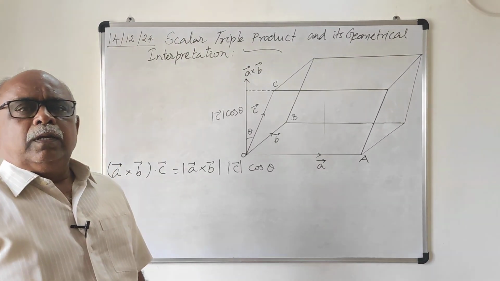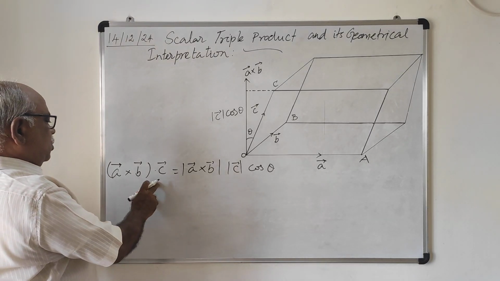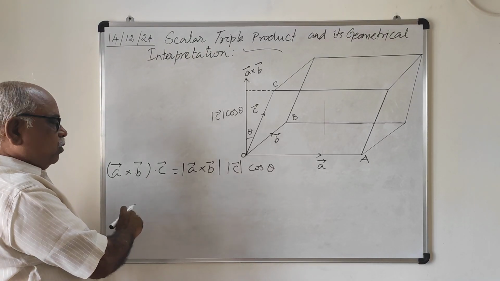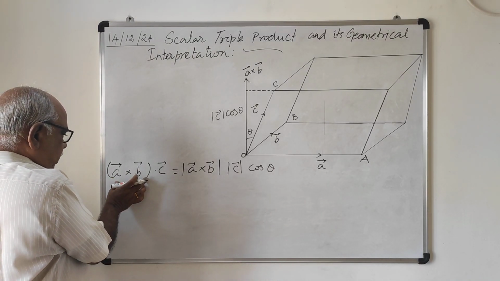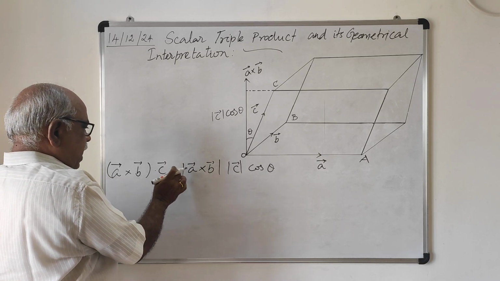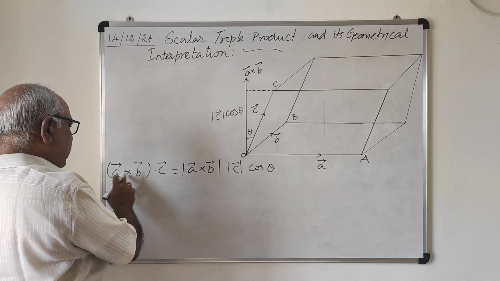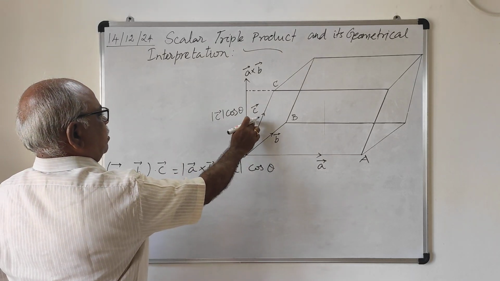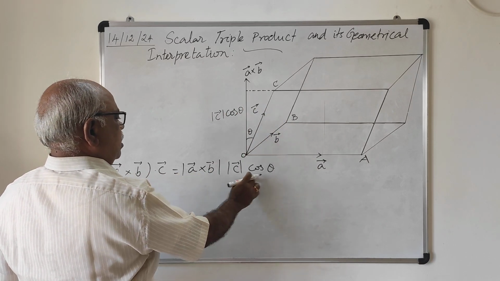See, by definition of dot product, A cross B dot C is modulus of A cross B into modulus of C into the cosine of the angle between A cross B and C. That is, theta is the angle between A cross B and C, therefore cos theta.